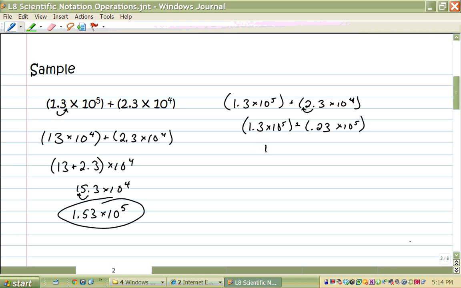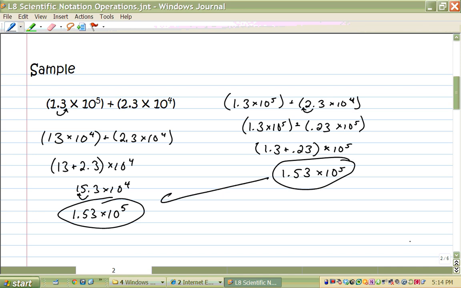Then I can add the numbers and keep the 10 to the fifth. 1.3 plus 0.23 is 1.53 times 10 to the fifth. Oh my gosh, would you look at it? It works! Of course it works. The idea is you follow the rules, you will end up with the correct answer.